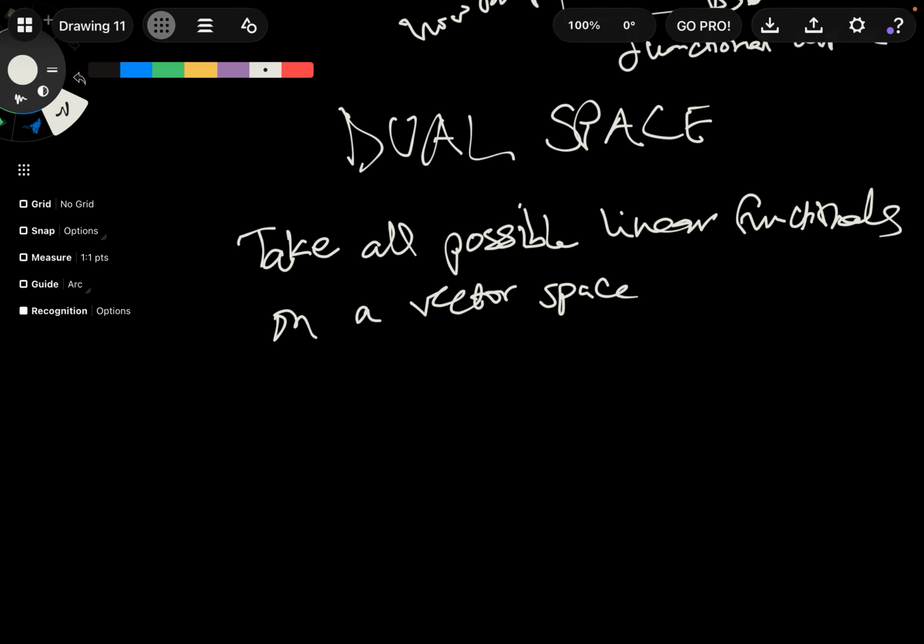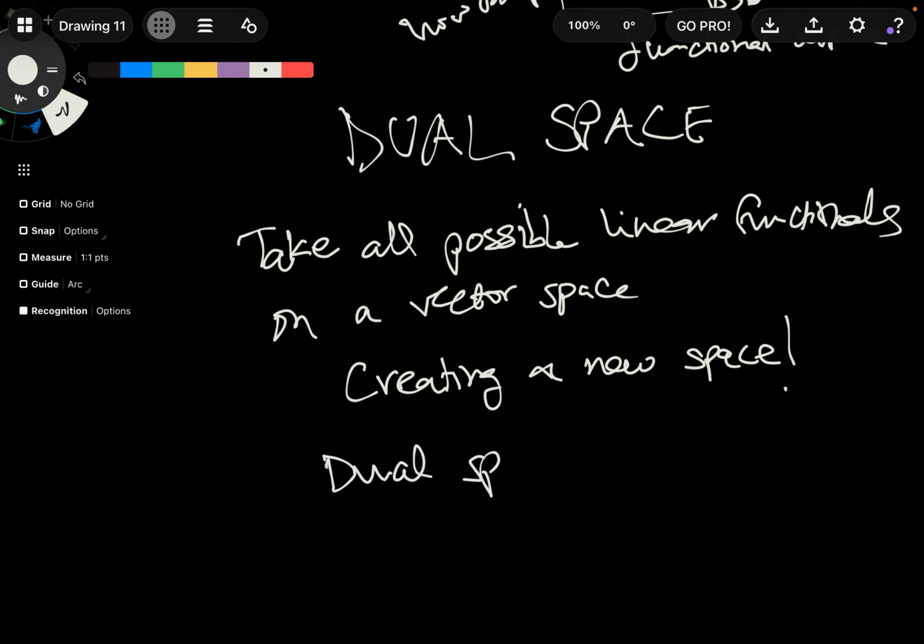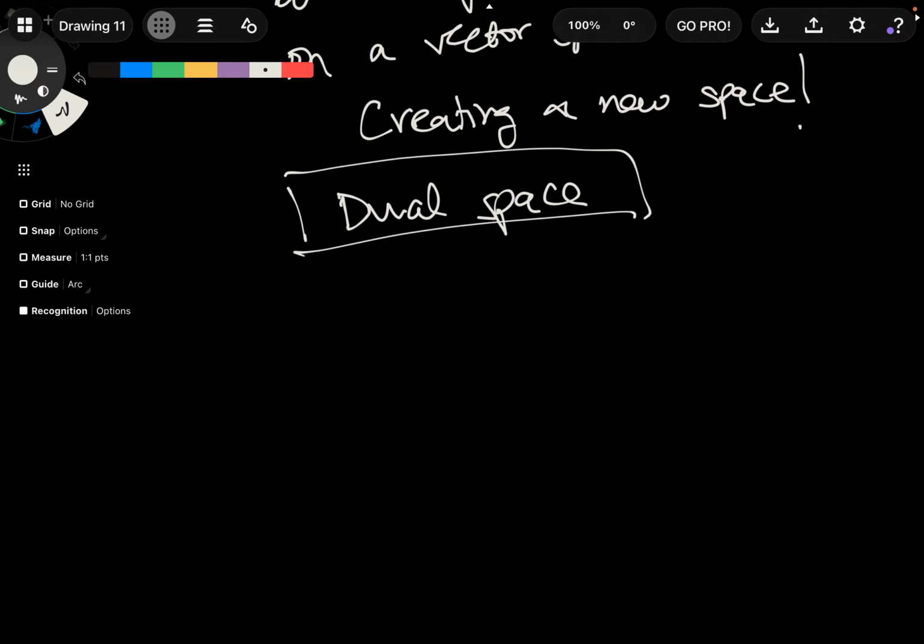So if you take all the possible linear functionals on a space, we're creating a new space. This is called the dual space. In our original space we have vectors. In our dual space we have functions that act on vectors. The way this is written is V is the vector space and V star is the dual space.